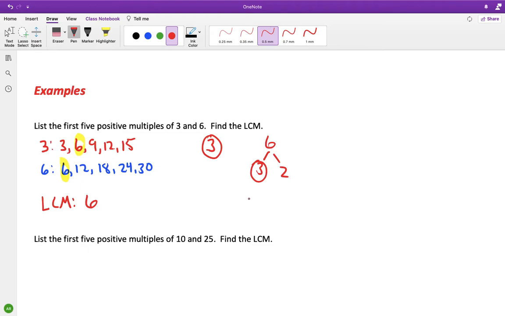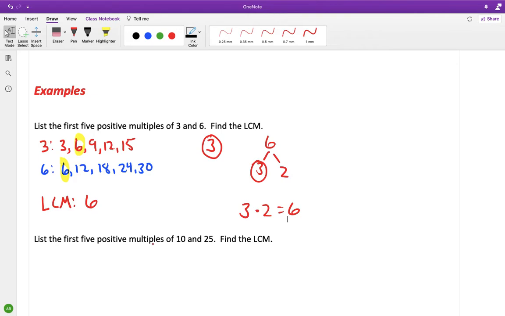If I'm circling that number, that means it appears in both of them after we factorize it. That's a reminder that you can only use that once when we're using prime factorization to determine the least common multiple. So now what I'm going to do is take the circled number 3 and then multiply it by whatever's left over. So in this case 2. So 3 times 2 is 6. All right, another way to find the least common multiple.